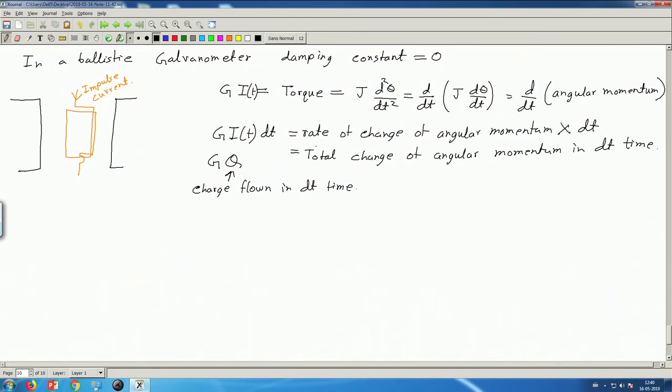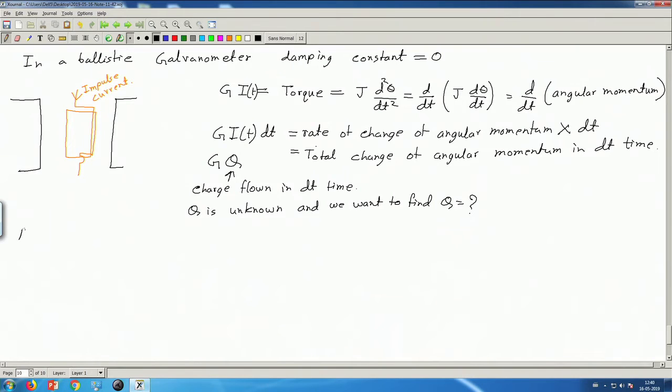We want to find out the value of Q. Q is unknown, and we want to find Q. So we know GQ is equal to the total change of angular momentum in dt time.